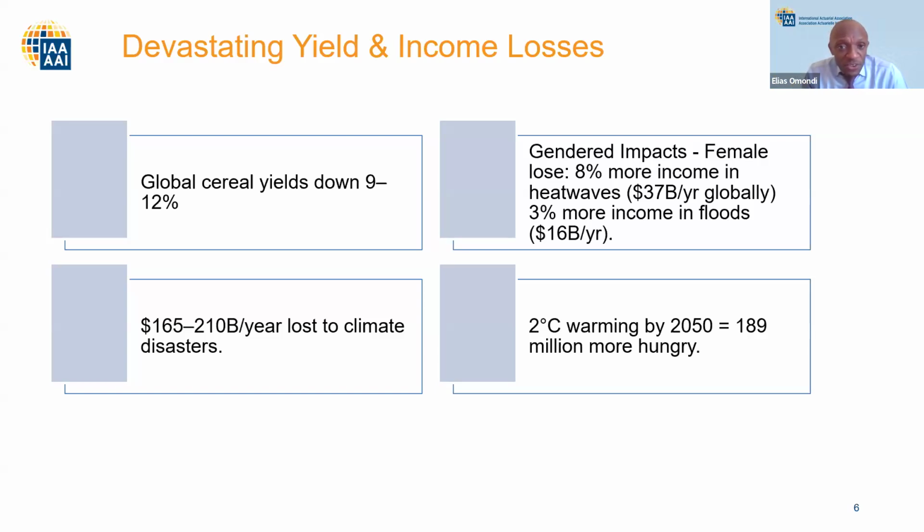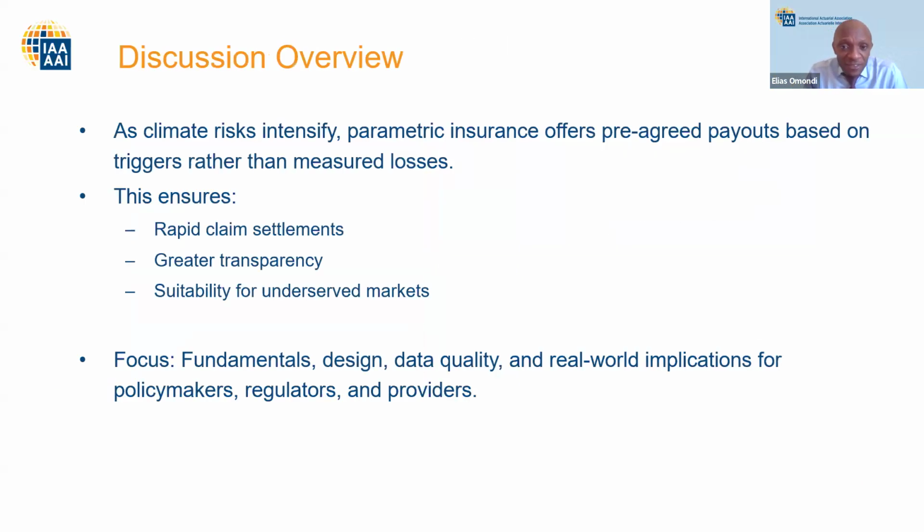If we can go to the next slide, you should be able to see the reason why we want to discuss this: how can we use parametric insurance to support the current ecosystem in terms of the climate play.